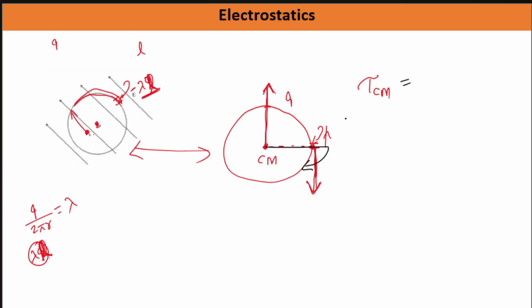So this will be equal to radius of the ring, that is r, into F, that is equal to how much, F को आप क्या लिखोगे, charge q into E, charge is how much, lambda L into E.